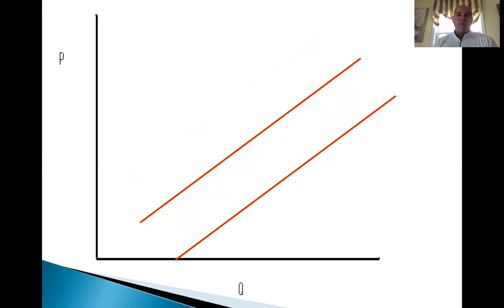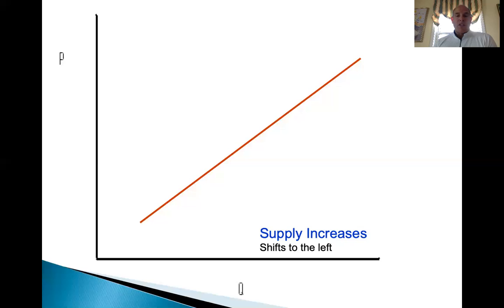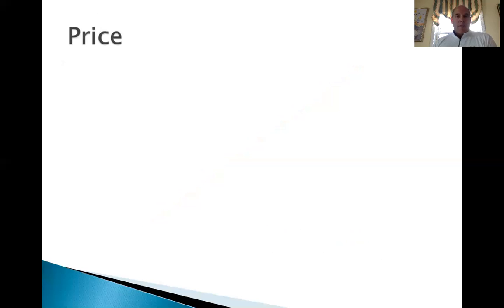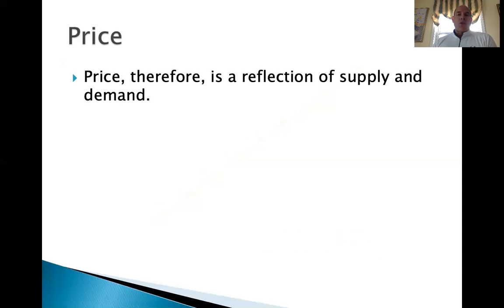I have 1 restaurant. I decide to open up another restaurant. Now I have 2 restaurants. That has increased the supply of food that I can now serve to my customers. So supply increases, shifts to the right. Price therefore is a reflection of supply and demand.